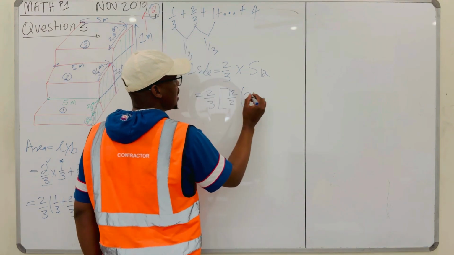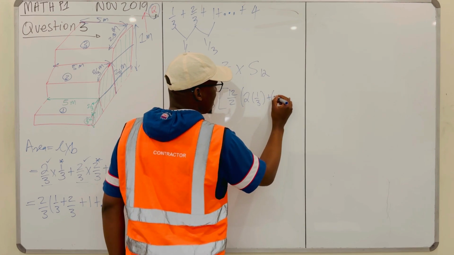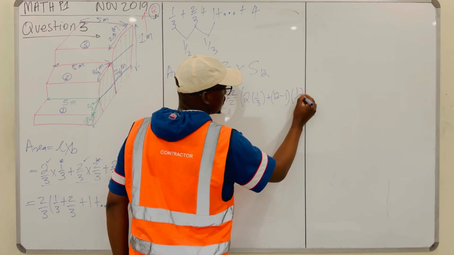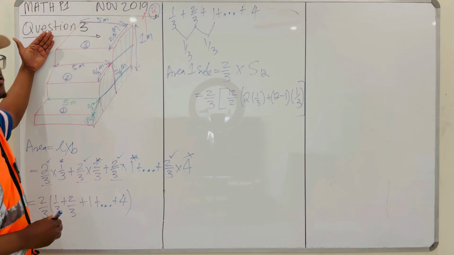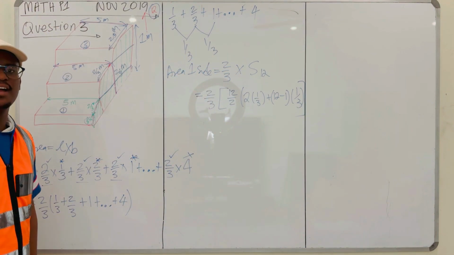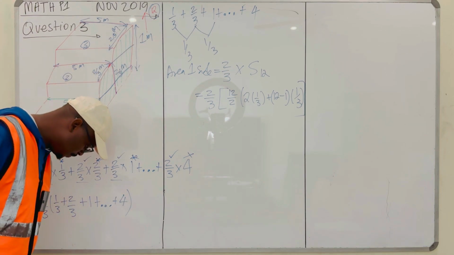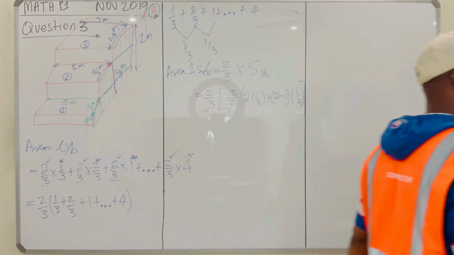What is your a? Your first term, 1 over 3, plus n minus 1, which is 12 minus 1, times d, which is 1 over 3. So the answer that you get will be the area of this side. To get the area of the other side, you have to double the one that we have, because this is the area of the open side. So we need to punch that on our calculator and see what we find.